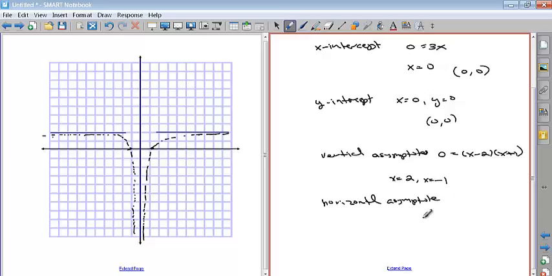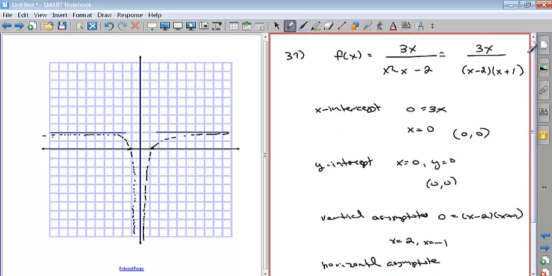That's just going to be y equals 0, because the highest order term in the numerator is x to the first power, and the highest order term in the denominator is x squared. Since this is less than that, the asymptote is y equals 0.